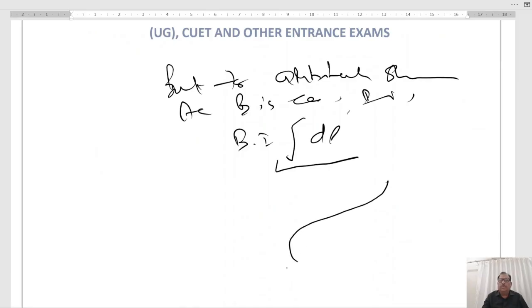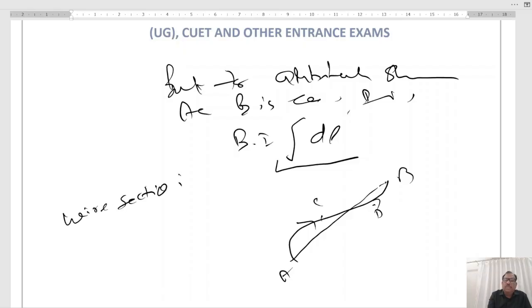Suppose this is a conductor. This is point A, this is point B. We join this. Current is flowing like this. This point is C, this is D, this is B. The wire section is A C D B. So what will be dL?